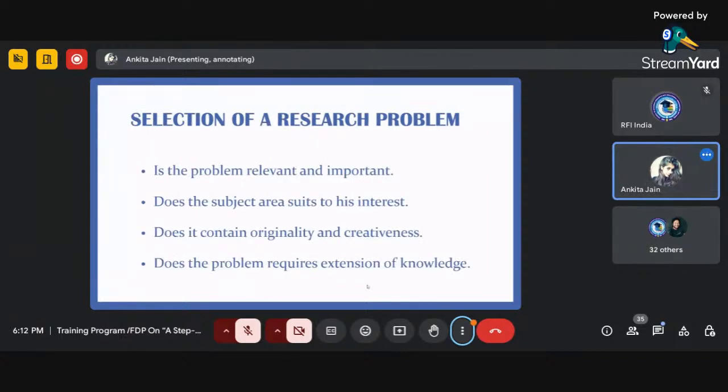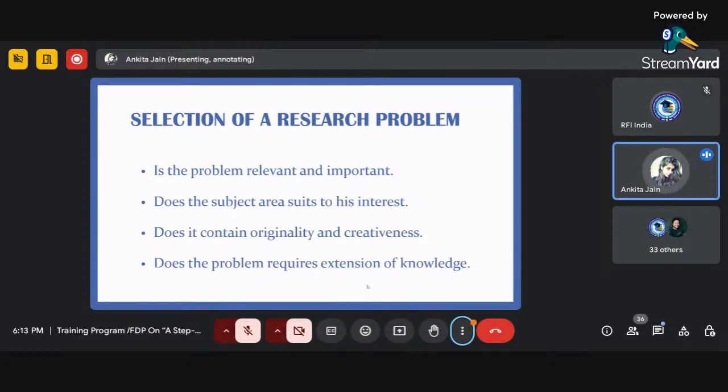Now, selection of a research problem. Number one, is the problem relevant and important? First of all, you need to see what happens. Sometimes we have something in our mind, that this can be the topic, this can be a title, and I want to identify this.